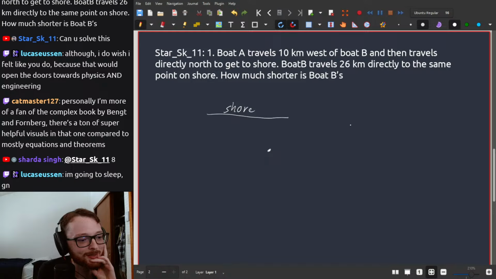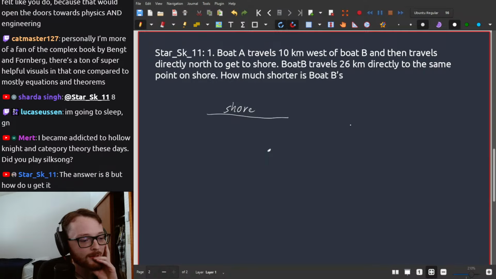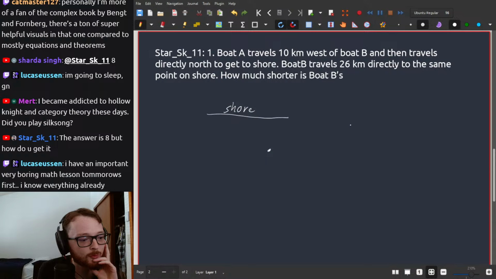I do wish I felt like you do, because I would open the door towards physics engineering. Fair enough. You're going to sleep? All right. Sleep well, Lucas. Thanks for popping in. We're a fan of the complex book by Bak and Newman. It has a couple of visuals compared to mostly equations and theorems. Oh, okay. I haven't heard of that one, I don't think. I became addicted to Hollow Knight and category theory these days. Did you play Silksong? No, I played the first Hollow Knight.